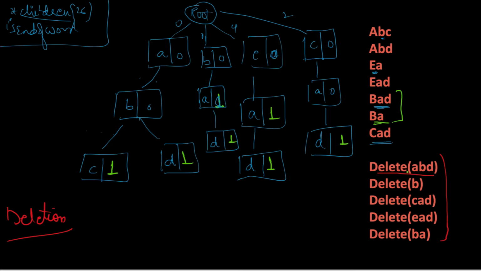So these are the different conditions that we'll look at. If we want to delete ABD, what do we do? We do deletion recursively, and we first come to the end node and then move from bottom to up.